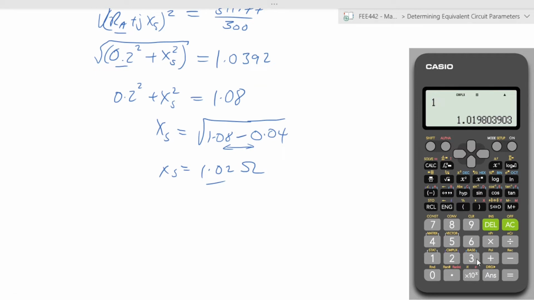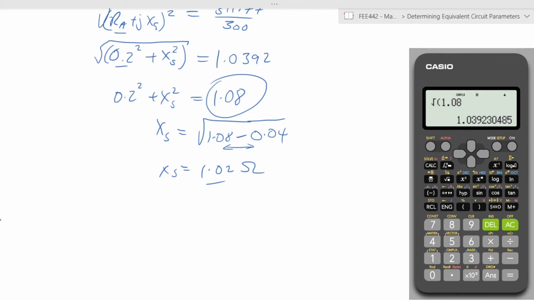So for example, if you take the square root of 1.08 by itself, you get a figure that is fairly close to what we are talking about. It is just near enough, so it can be used to get an approximate value.